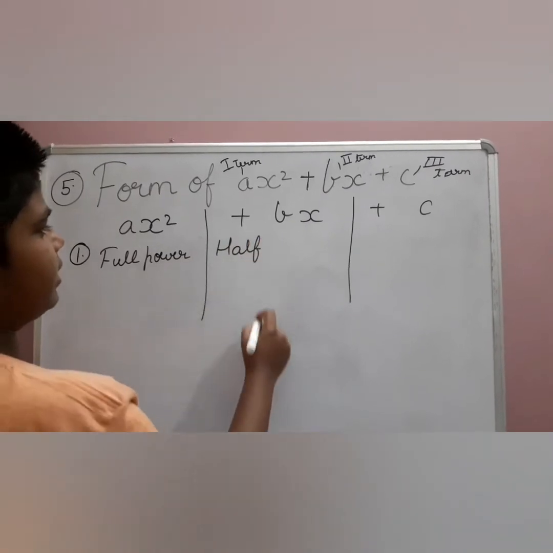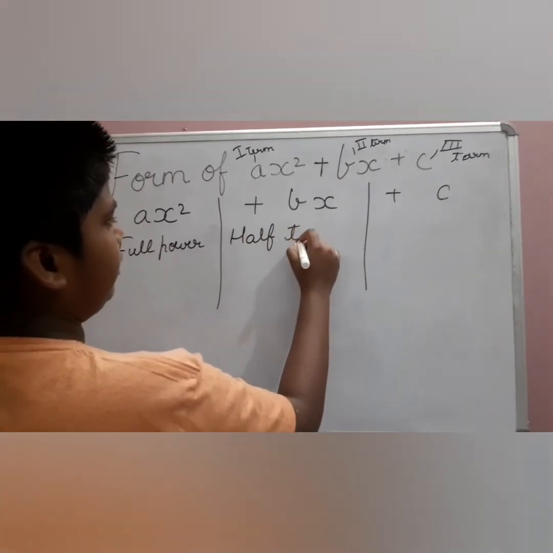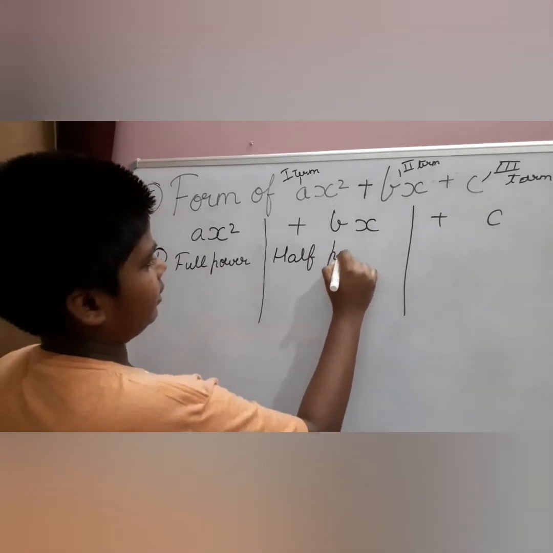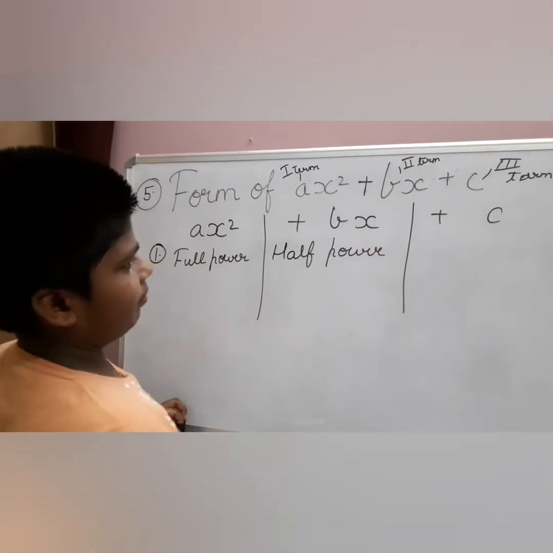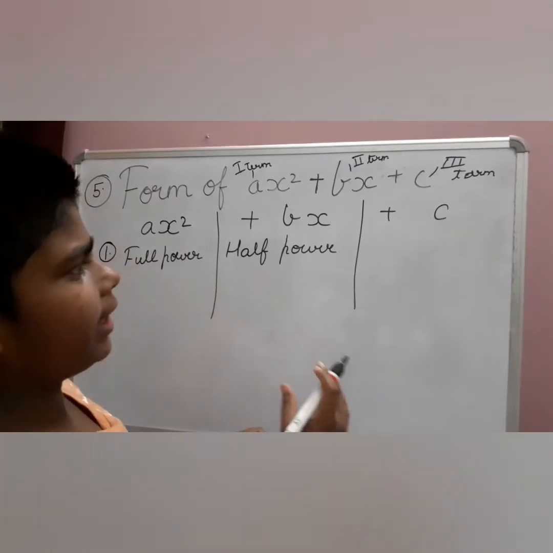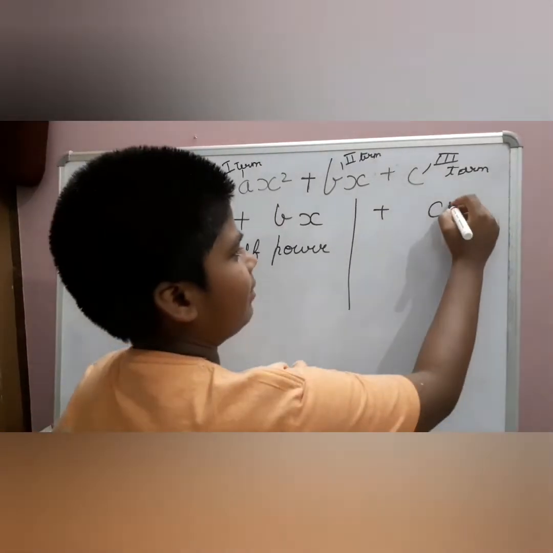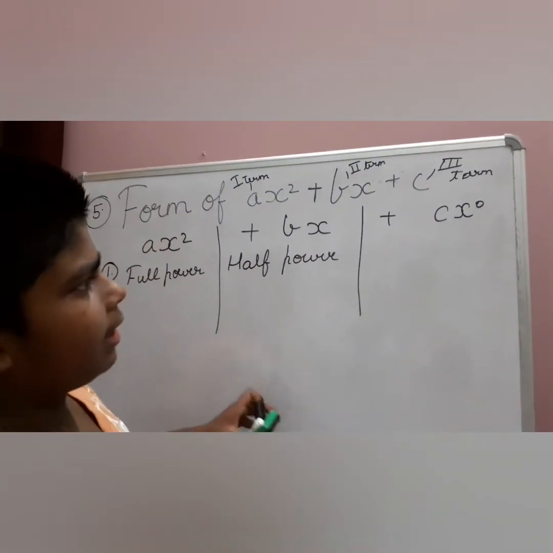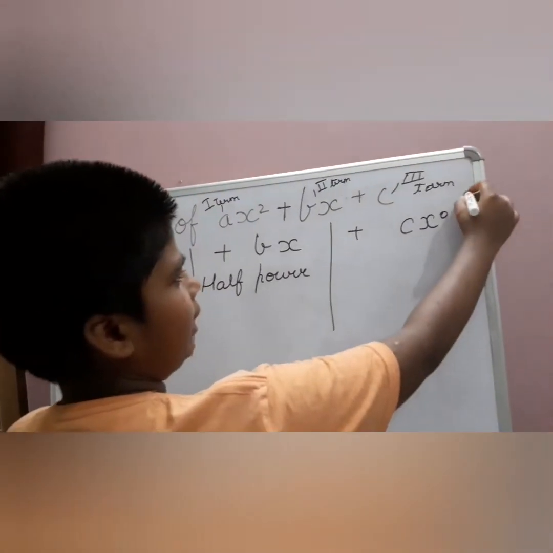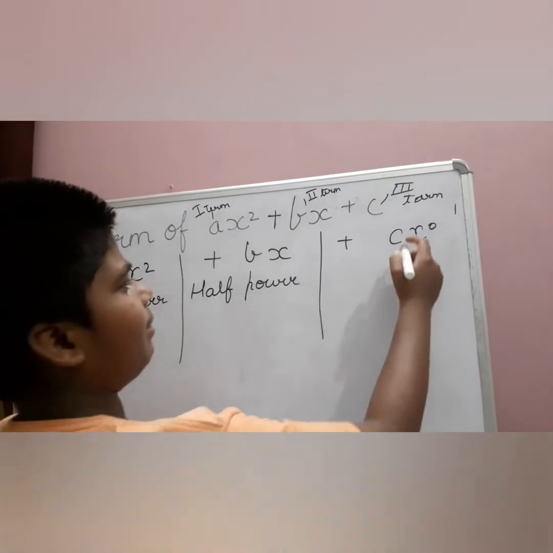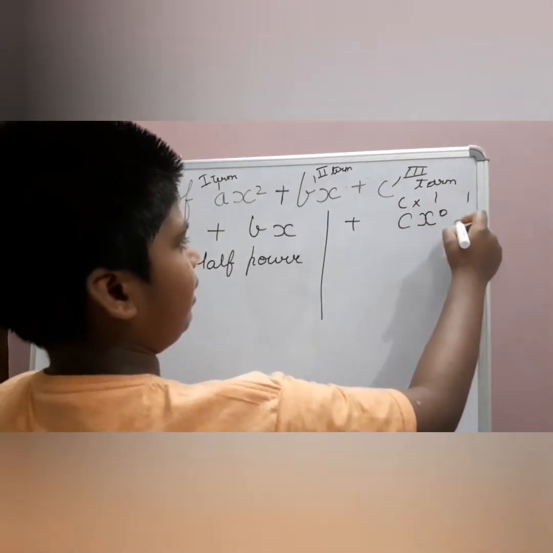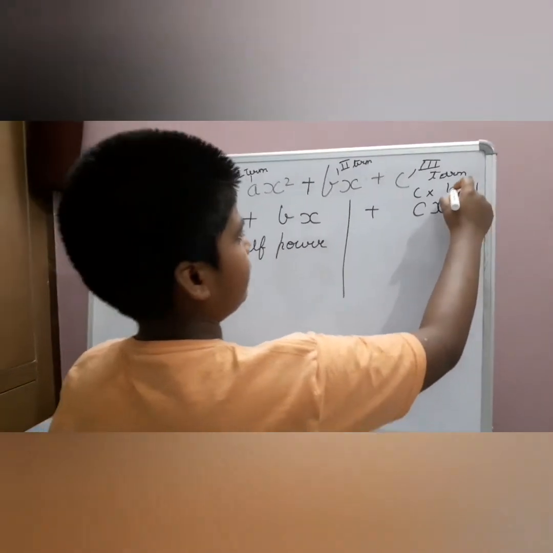So in the second term the power gets half, and in the third term the power gets 0. How? The variable is same, x raised to the power 0, and 0 power means 1, and if we multiply c by 1, what we'll get?